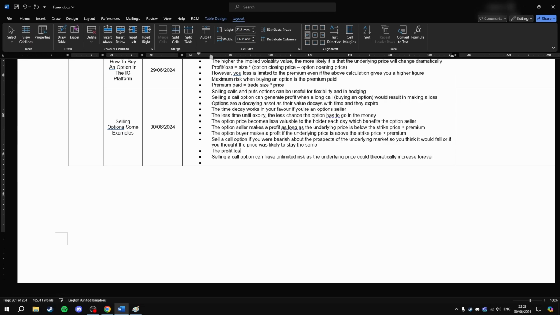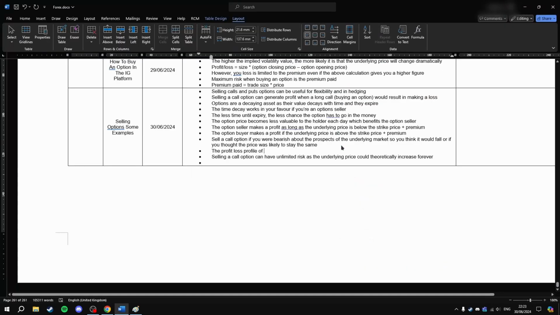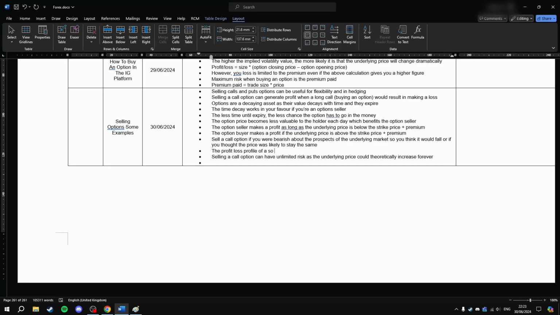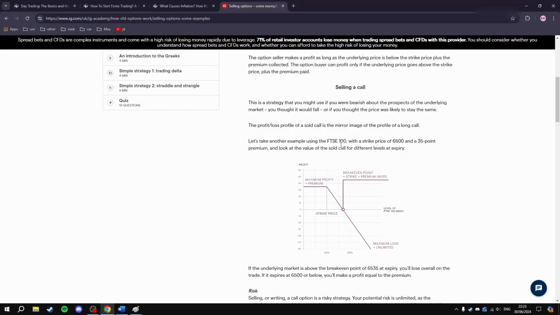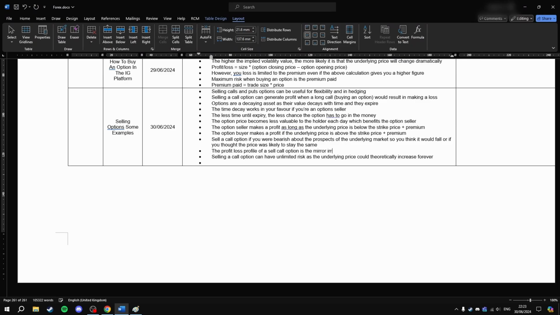The profit loss profile of a sell call option is the mirror image of a buy call option.